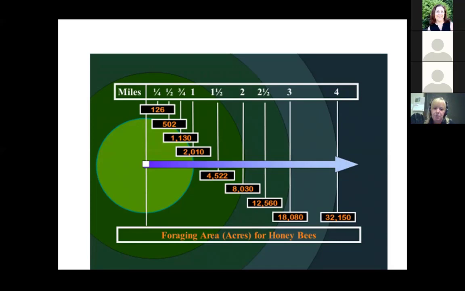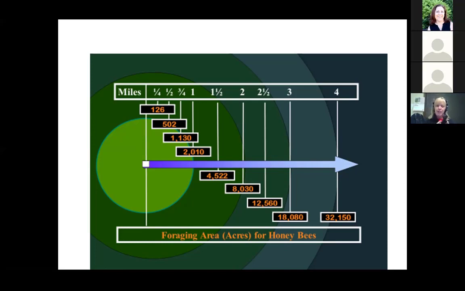So this is the foraging area. I didn't realize it was blurry until I'm looking at it right now, but this is the foraging area for honeybees. And honeybees travel a lot farther from their hive than some of the other solitary bees. But this is just to give you an idea of how far they can fly. They prefer to stay in that 1 to 2 mile radius right around the hive. But if they don't have the floral resources that they need, they'll go farther.